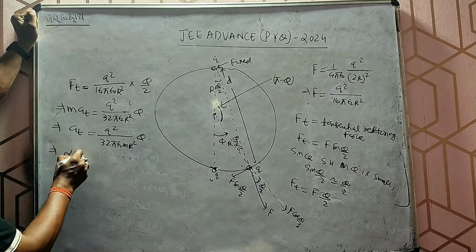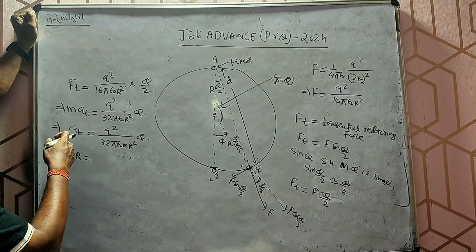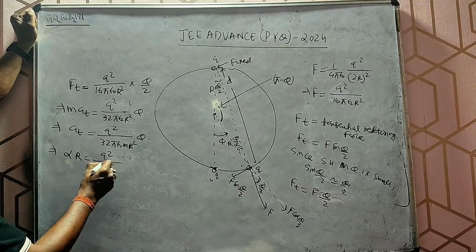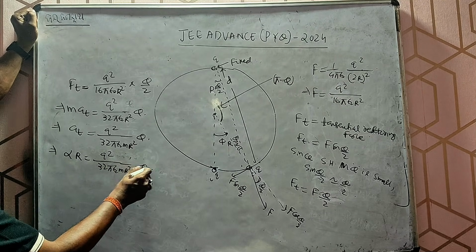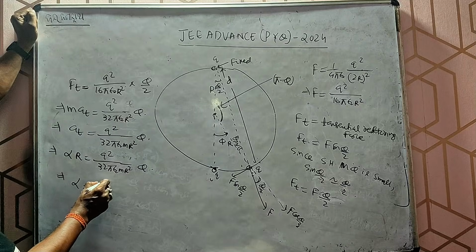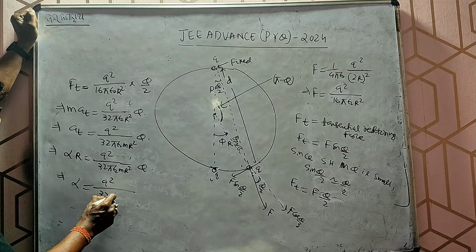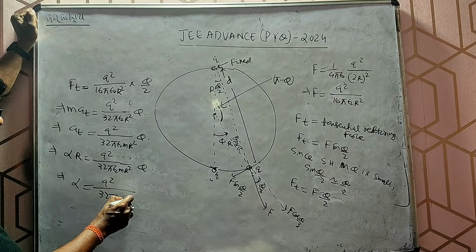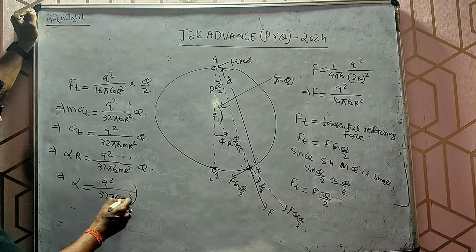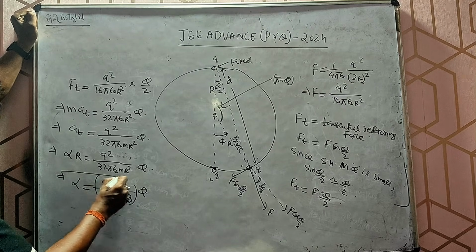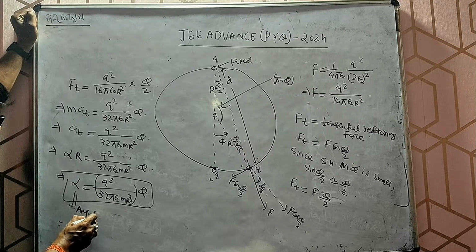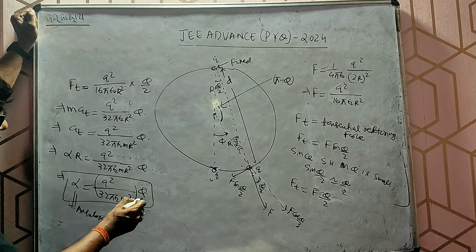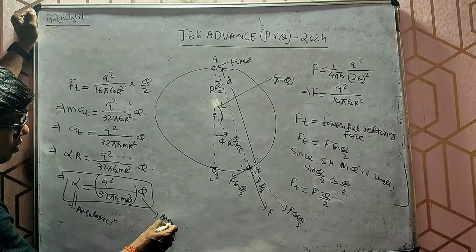So alpha is equal to Q square by 32 pi epsilon 0 m R cube into phi. So this is the angular acceleration, and this is the angular displacement.